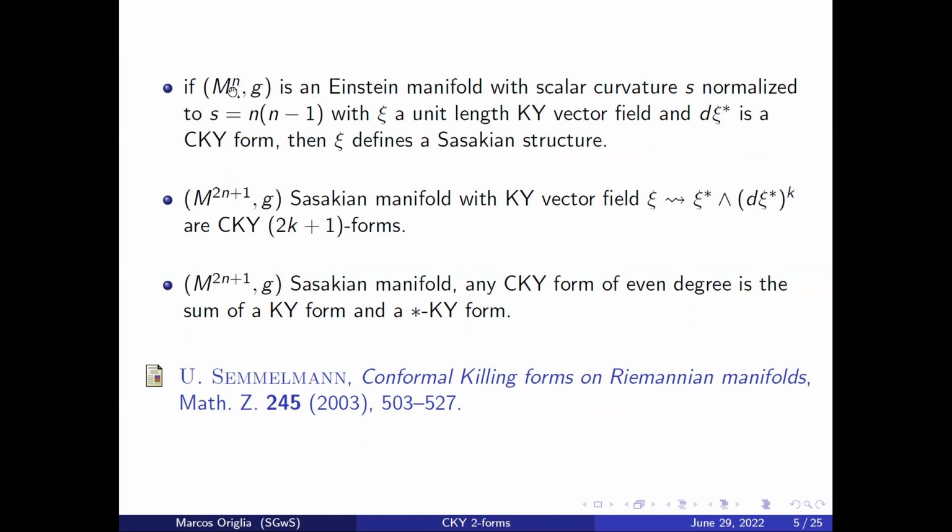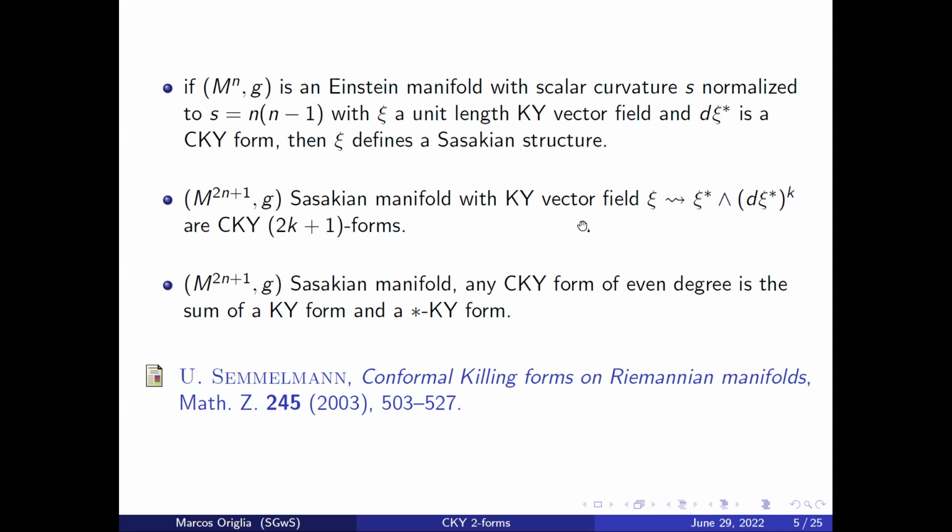So if M, now of dimension n, is an Einstein manifold, so we have to normalize the scalar curvature, and if we have a unit length Killing vector field such that the differential of its dual is a conformal Killing two form, then this vector has to define a Sasakian structure. So it's only happening in Sasakian manifolds if we add the condition of being Einstein.